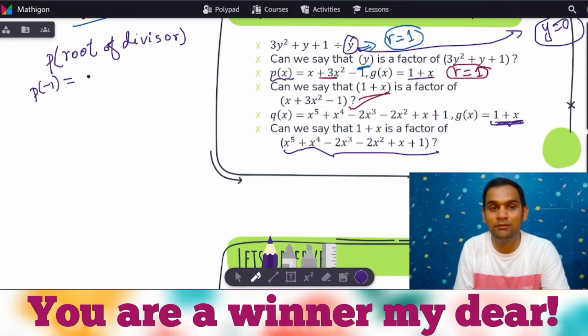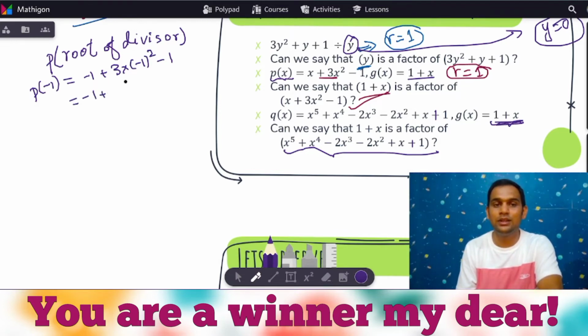So p of minus 1: instead of x we put minus 1, plus 3 times minus 1 the whole squared, minus 1. So we get minus 1, plus 3 times minus 1 squared, which is 3, minus 1. Minus 1 minus 1 is minus 2.